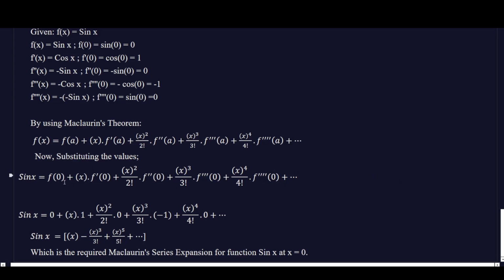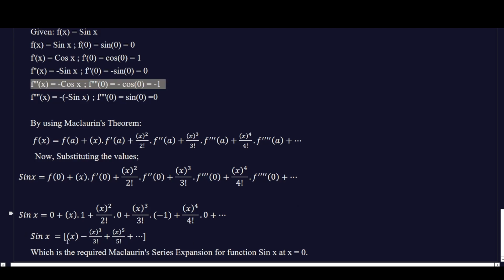If we substitute the values, in place of f of 0 we write 0. f dash 0 is equal to 1, so we write 1. f double dash 0 is equal to 0, so we write 0. f triple dash 0 is minus 1, and so on.